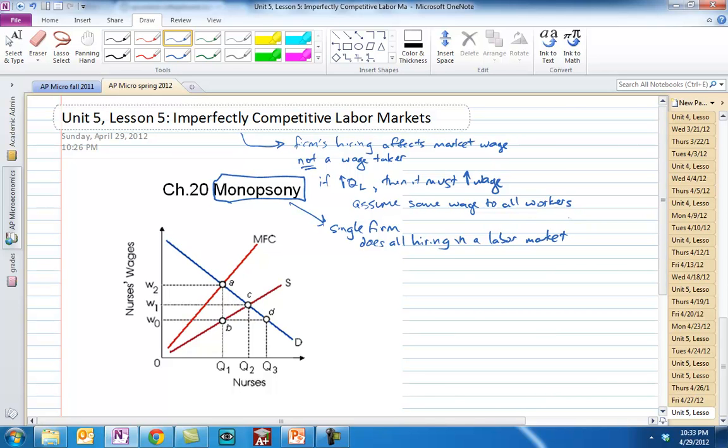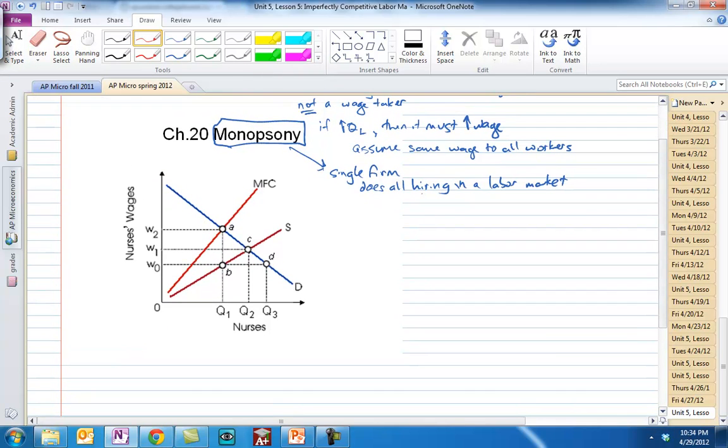So what we're going to look at is what difference does it make whether the firm does its hiring in a perfectly competitive labor market versus a non-perfectly competitive labor market. We've seen the graphs before of how a firm makes its hiring decision in a perfectly competitive market. Let's review that real quick. In a perfectly competitive market, the firm has a perfectly elastic supply curve for its labor, which comes from the market wage.